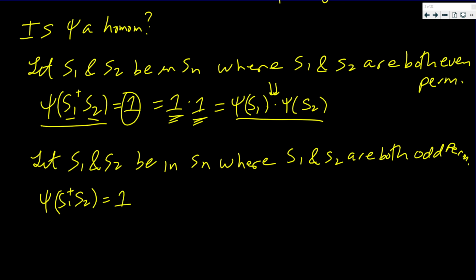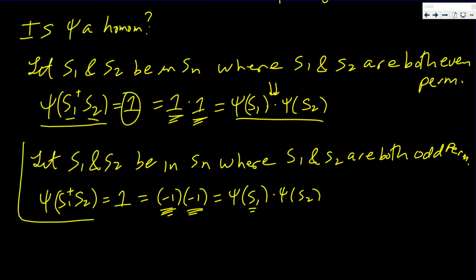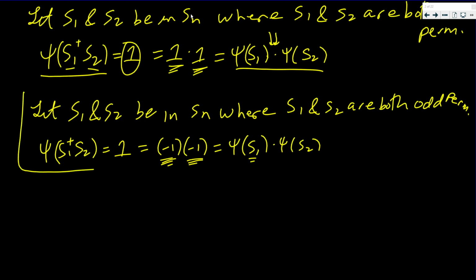So this is 1. But 1 is the same as negative 1 times negative 1, and that negative 1 is phi of S1, because S1 is odd, times phi of S2, which is also odd, hence negative 1. Okay, so it worked when they're both odd.